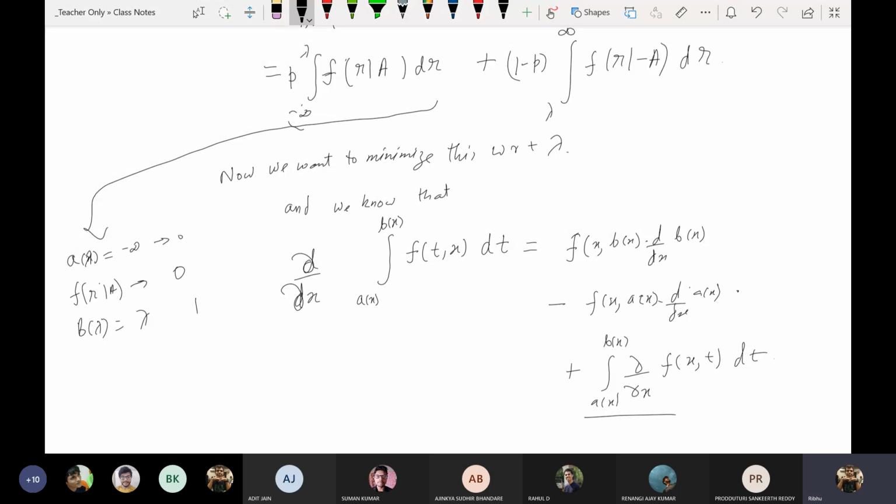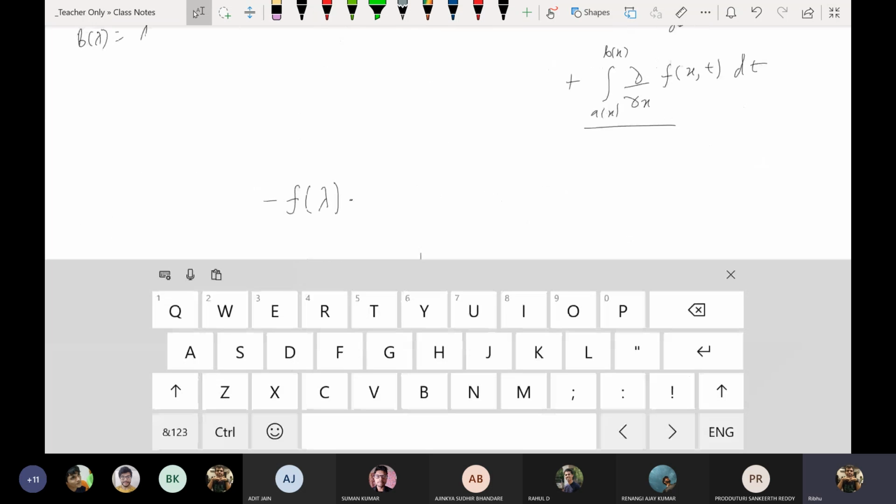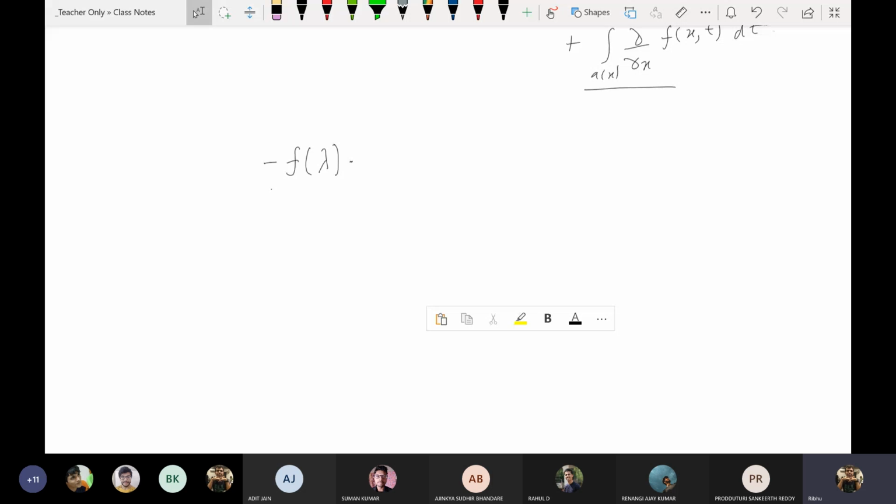Yeah, so we are left with just one term in this case, that is minus f of lambda given A times P.